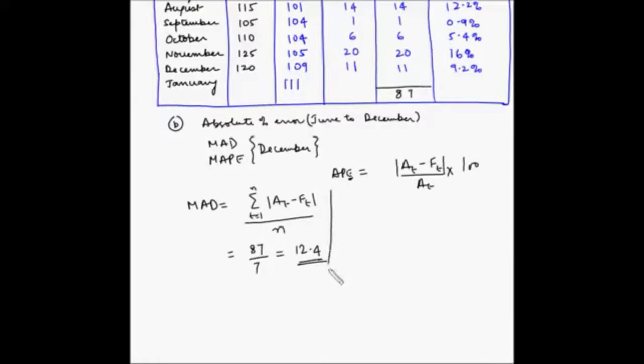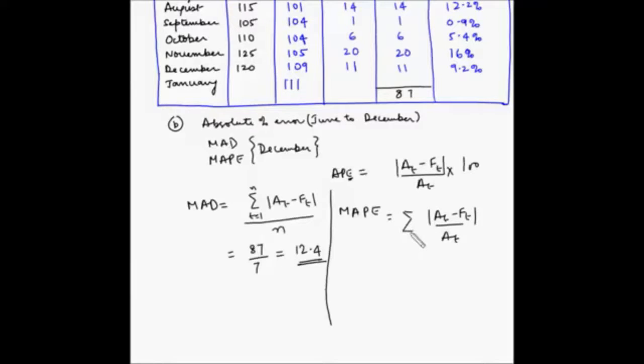Next we have to find out the value of MAPE, mean absolute percent error. So this is equal to, first, the error, that is AT minus FT, the percentage value divided by the absolute AT.